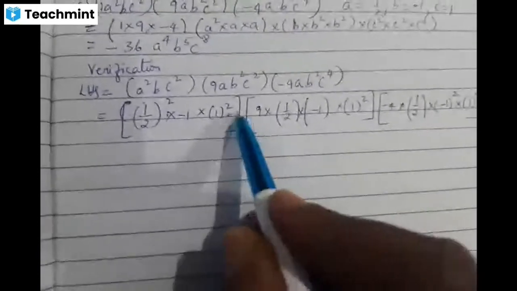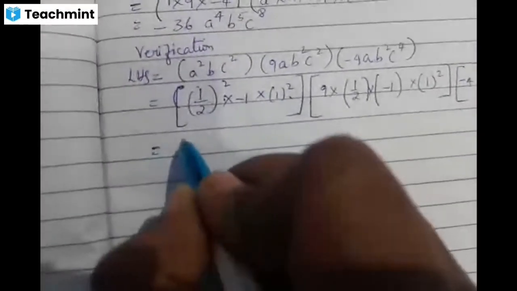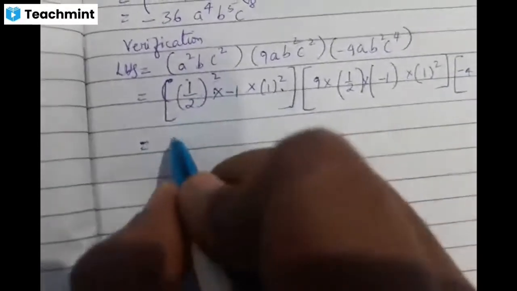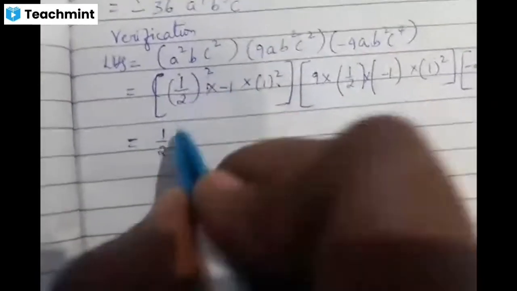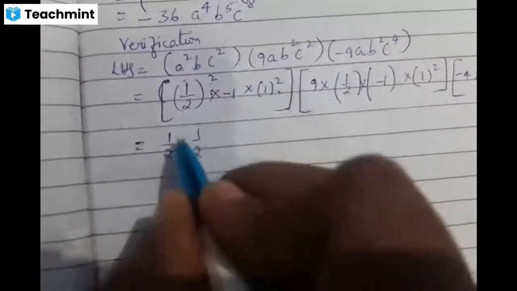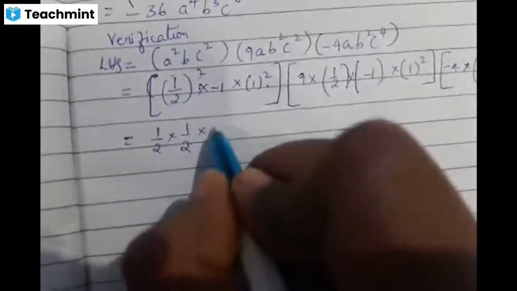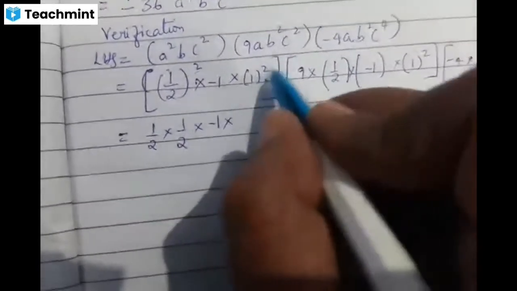Now, since you have got the squares or the powers in the brackets, first remove the bracket powers, children. 1 by 2 square means we have to multiply 1 by 2 how many times? 2 times. Into minus 1 into 1 square is 1.